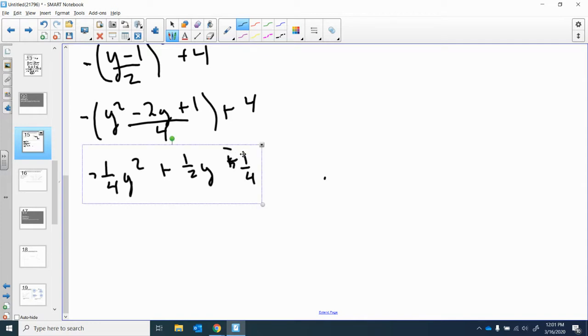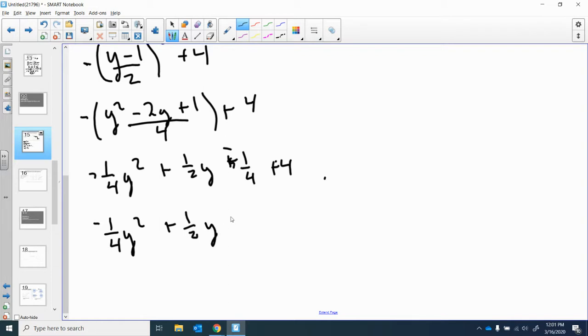Sorry, that should be negative 1/4 plus 4. And then this can become negative 1 over 4 y squared plus 1/2 y. Negative 1/4 plus 4, so 16 over 4 minus 1 should be plus 15 over 16, I believe. Does that make sense? Yeah, checks out for me.